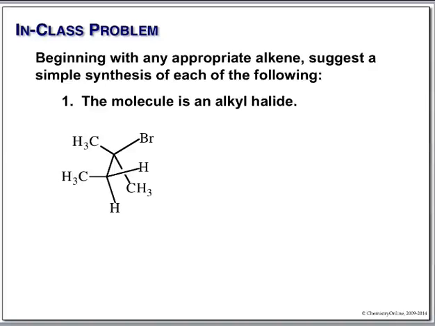So yes, it is. This is a Markovnikov alkyl bromide. So we could make this simply by the addition of HBr to an alkene. Go ahead and write an alkene, that'll work.